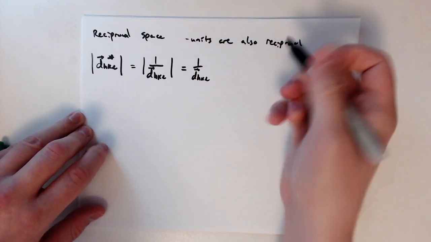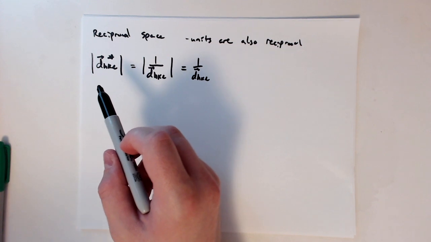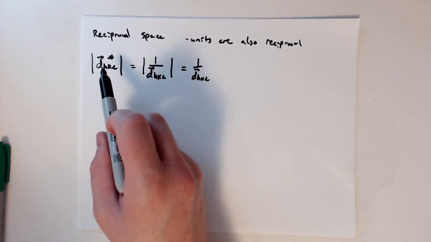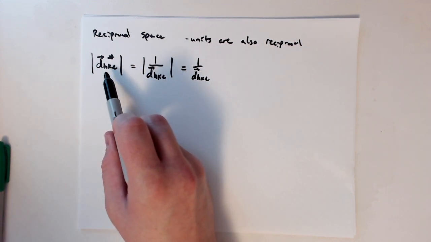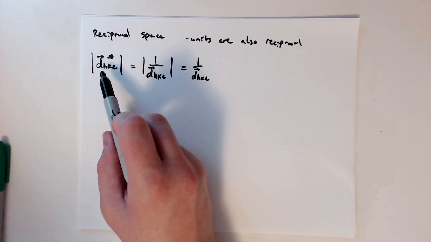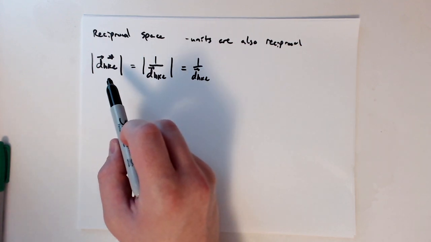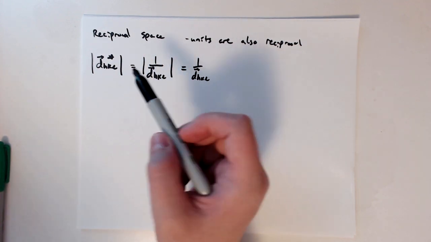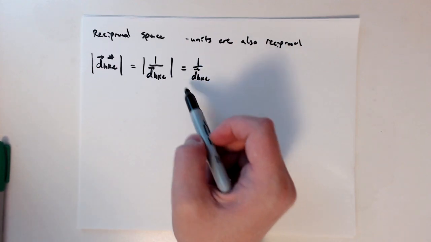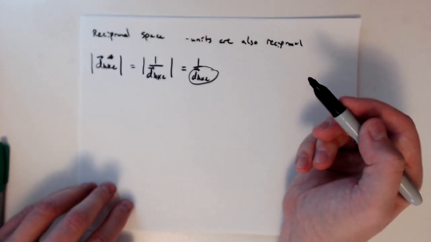So what this is telling us is that if we're looking at a spot pattern where we can come up with this d_hkl star vector, this gives us information about the interplanar spacing, but it's the reciprocal, right? So if we want to know about real space, which is going to always be the case, then we have to take the reciprocal to be able to get this, which is what we often want to do.